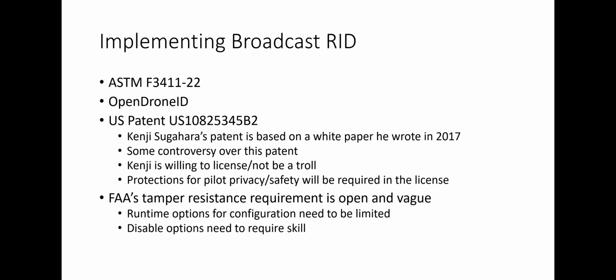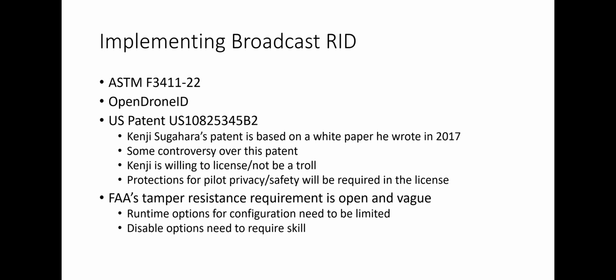But one of the principal requirements that he has is that pilot privacy and safety be respected by the systems that display this information. So basically, if you're writing an app that is going to display the location of the ground station to users, you need to do some things to make sure it's not easy for someone to just point their phone at a drone, grab the remote ID information, go track down the ground station, and cause them to crash the drone or whatever.